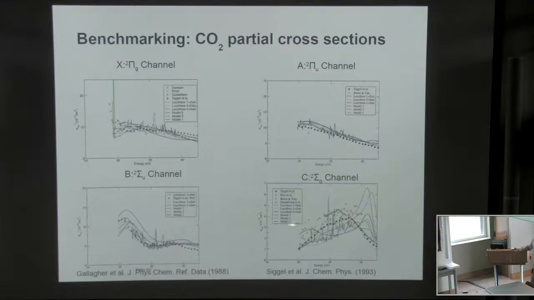But when we come to models 2 and 3, the same thing is seen in Robert's 3-channel calculation, that really the cross section is a lot lower than any of the experimental points here. And in model 2, this resonance position has dropped a lot, and in model 3 it's dropped even more.